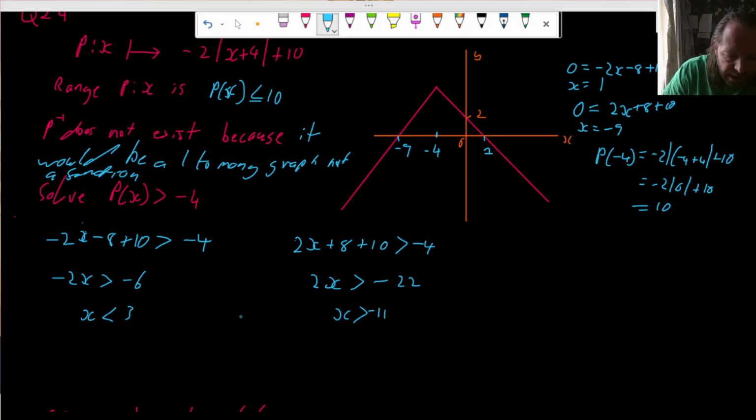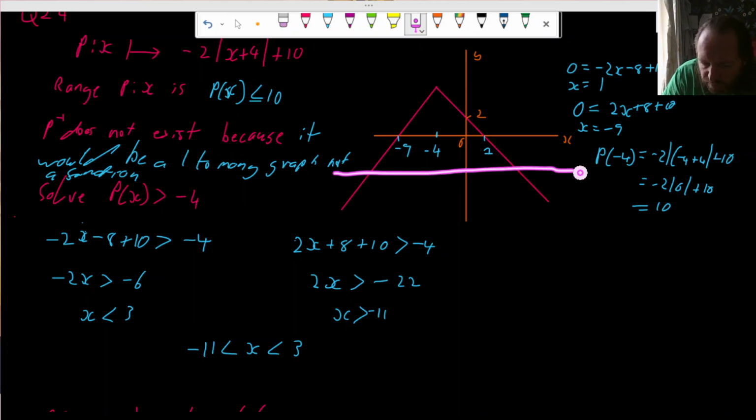And so we have the final answer of minus 11 less than x less than 3, which makes sense: when you draw the line across here at minus 4, there's your 3, there's your minus 11. It's fitting roughly with what we expect to see.